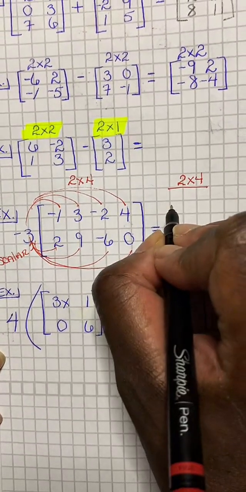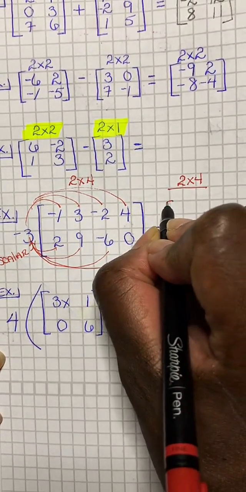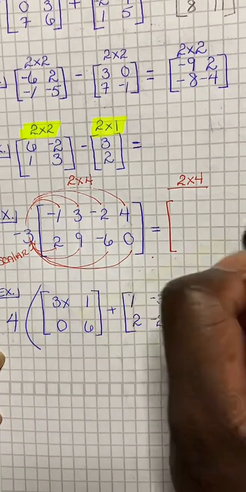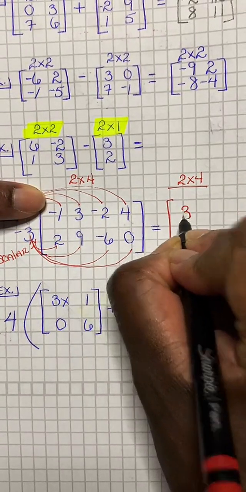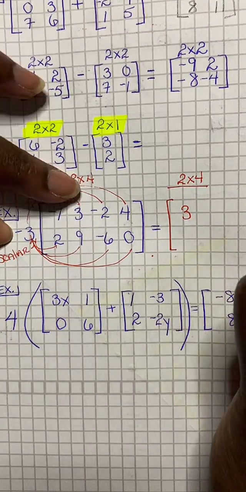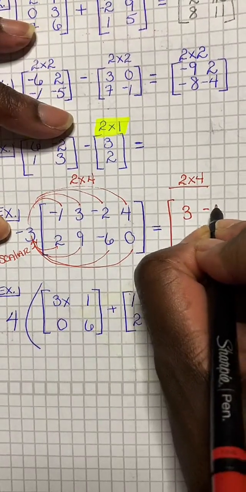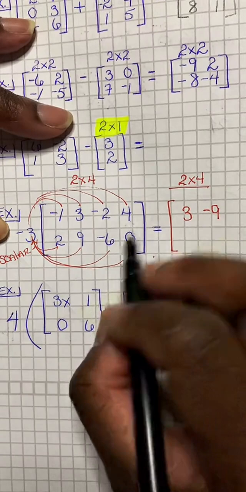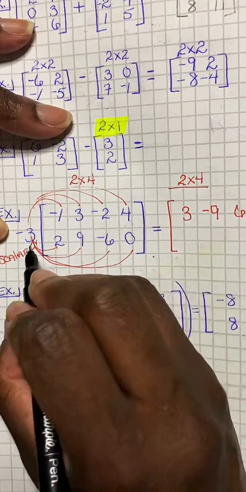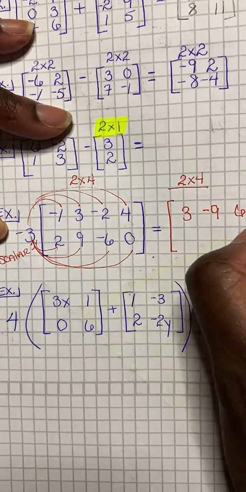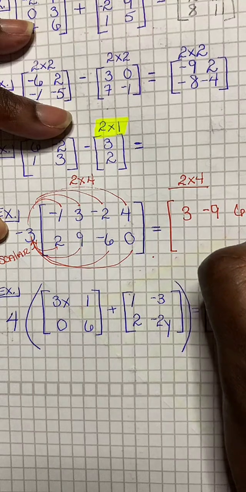All right. So if you did do this, -3 times -1 gives me a +3. -3 times 3 gives me a -9. -3 times -2 gives me a 6. -3 times +4 gives me a -12.